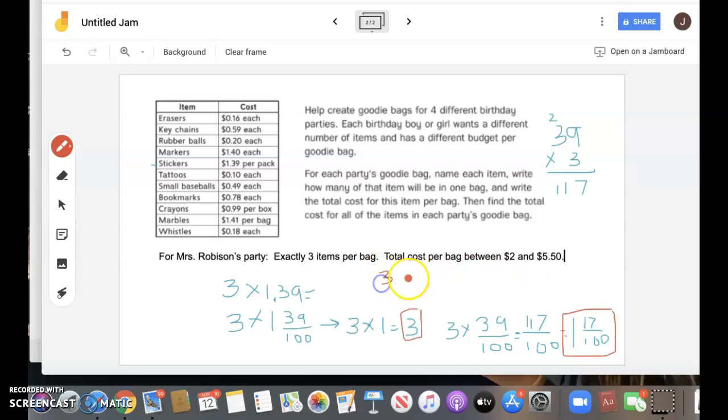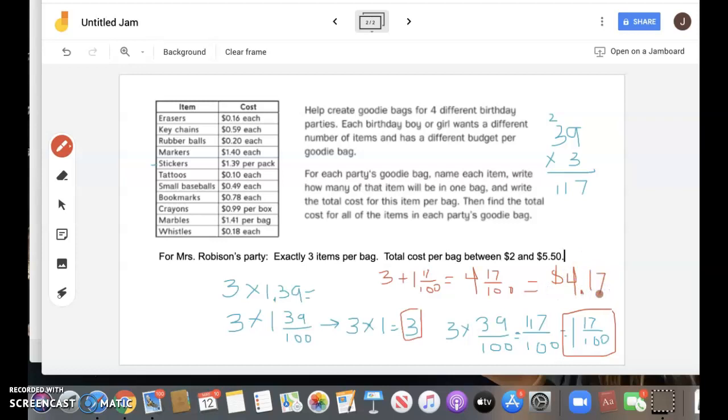So now if I have 3 plus 1 whole and 17 100ths, that gives me 4 and 17 100ths, which is the same as having 4 whole dollars and 17 cents.